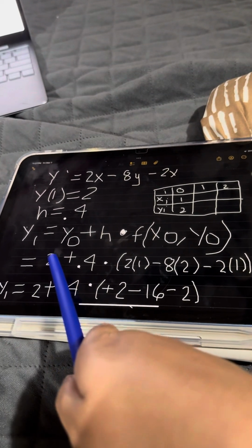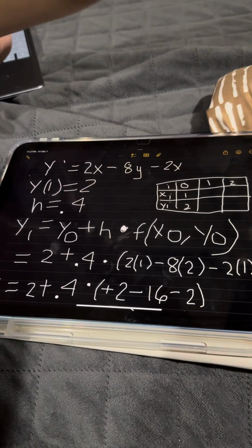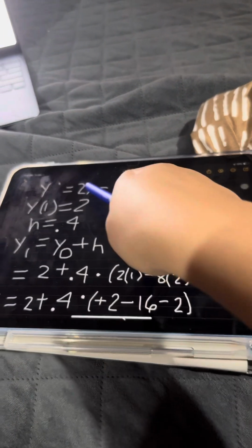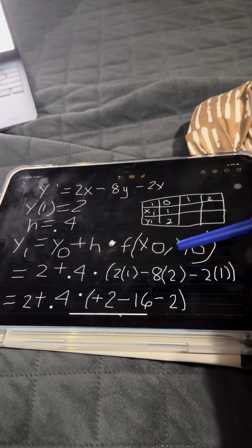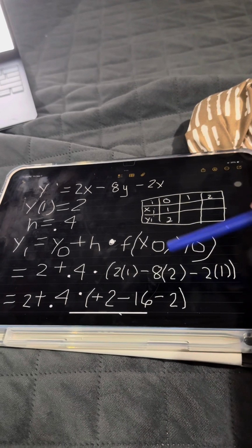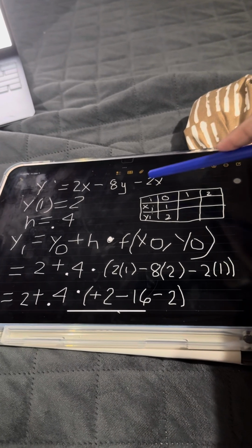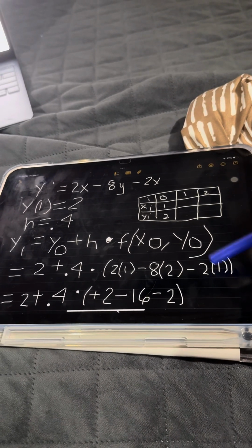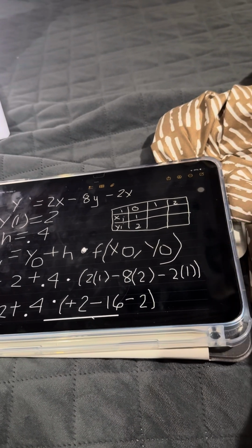So we had first in our formula a y0, so our y0 is 2, and then plus our step size 0.4 times our function, which in this case is 2 times the value of x, 1, so 2 times 1, minus 8 times the value of y, which is going to be 2, so we plug in the 2, minus 2 times x, and here the value of x is going to be 1, so minus 2 times 1.